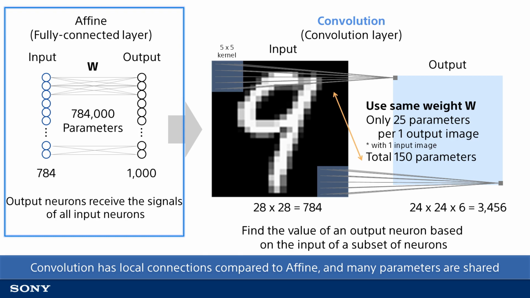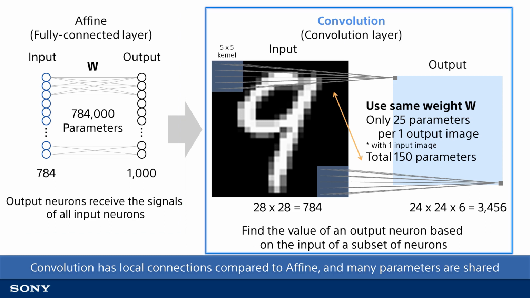In Affine, the input and output neurons are fully connected. That is, each output neuron receives the values of all the input neurons. On the other hand, the difference in convolution is that in a 5 by 5 convolution, for example, the top left pixel of this output image is only connected to the neurons in the top left neighboring area of the 5 by 5 pixel.